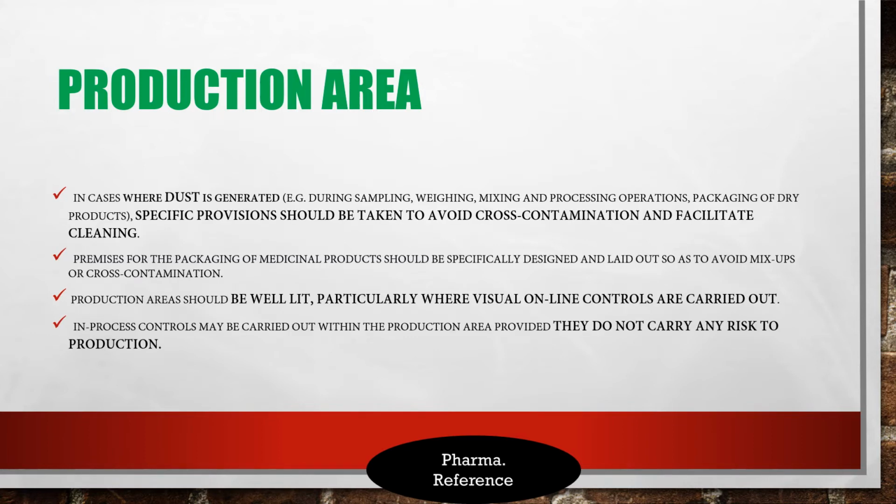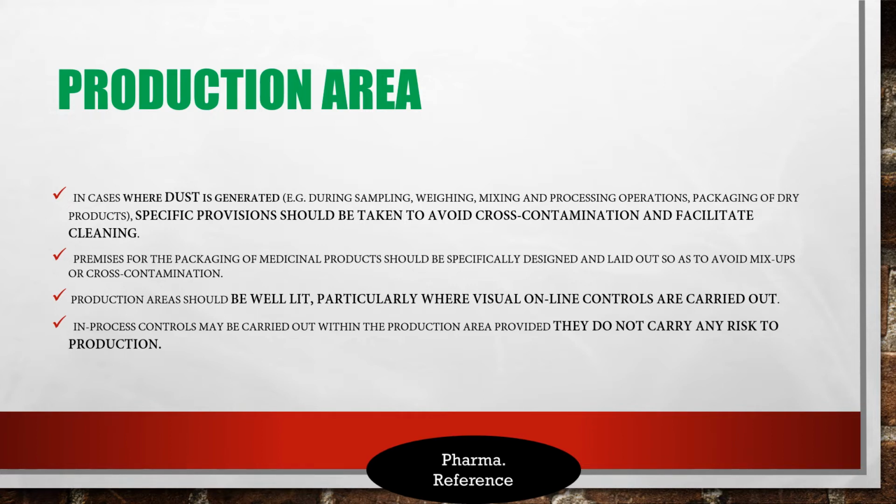Production area. In cases where dust is generated, e.g., during sampling, weighing, mixing, and processing operations, packaging of dry products, specific provision should be taken to avoid cross-contamination and facilitate cleaning. Premises for the packaging of medicinal products should be specifically designed and laid out so as to avoid mix-up or cross-contamination.